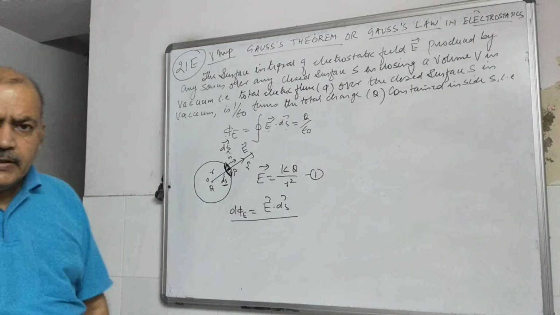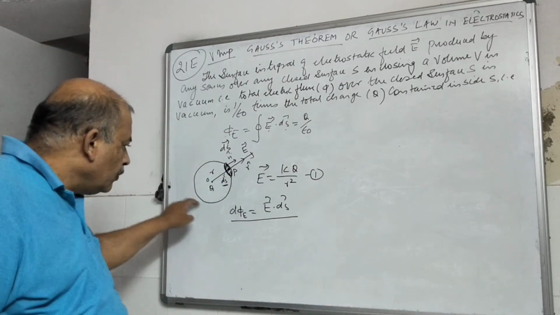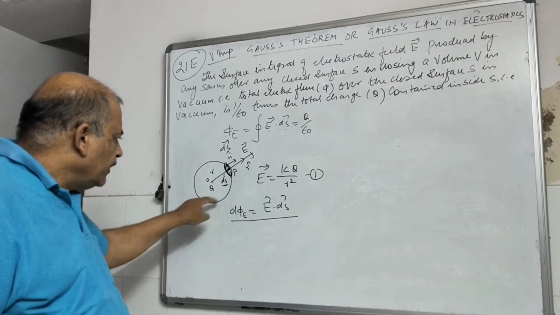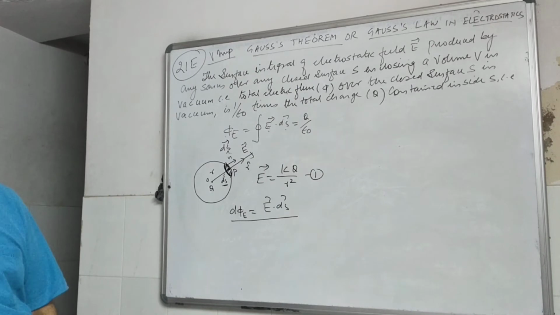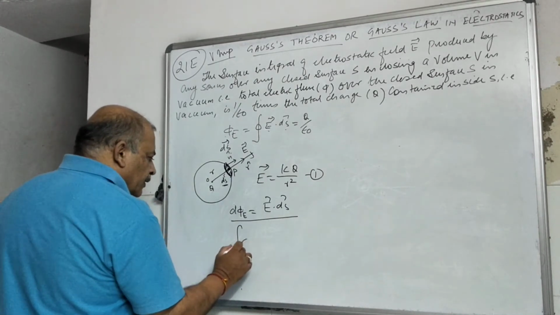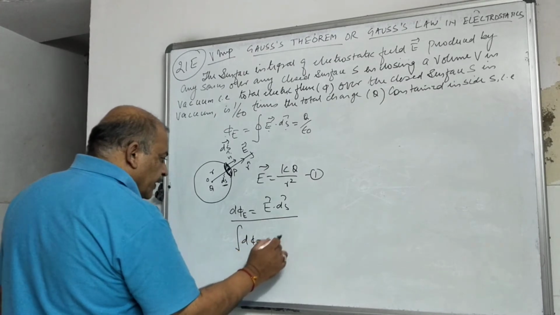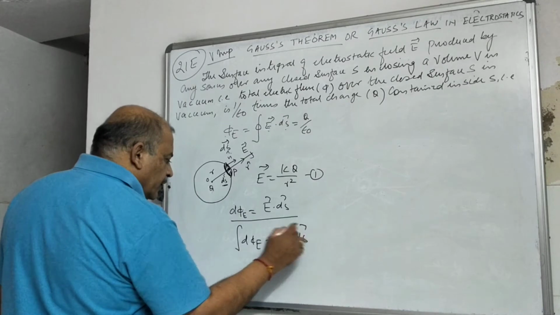Now when you have to calculate the total electric flux coming out of this enclosed spherical surface of radius r, this equation has to be integrated. When this equation is integrated for the total surface, we write it as surface integral E dot ds.